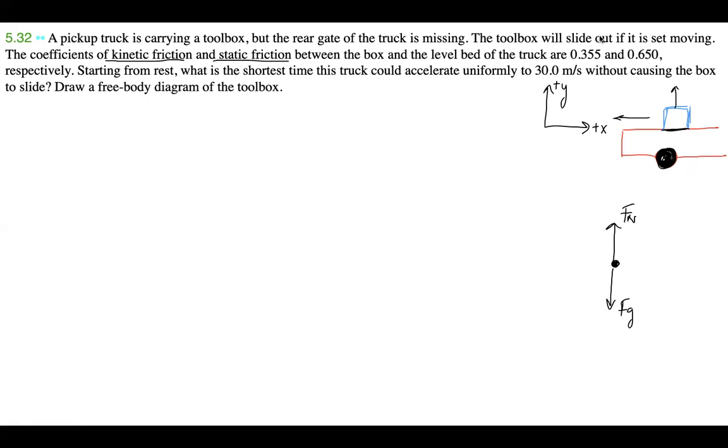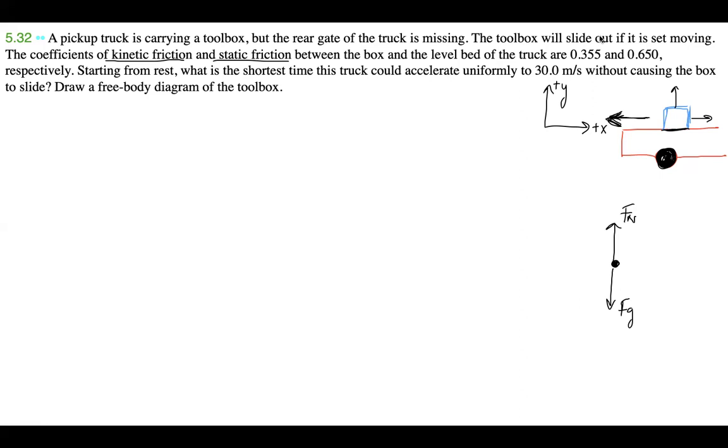Okay, so if the toolbox can fall out this way, that means that the opposing force is the force of friction, right? Because if something is supposed to move this way, then friction is going to stop it by being the force in the opposite direction.